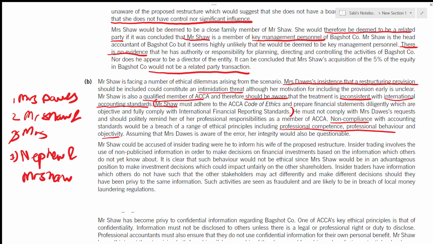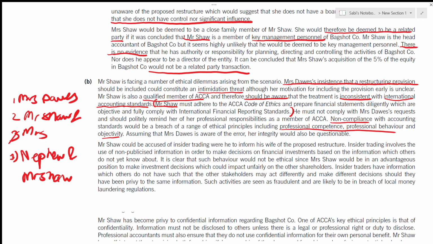You need to talk about it out of the 5 principles, right? What are the other 2? Already 3 they have talked. The other 2 are confidentiality and integrity, right? So you need to mention always which one is breached out of the 5, which ethical principle is breached if you don't follow, or if you're not complying.